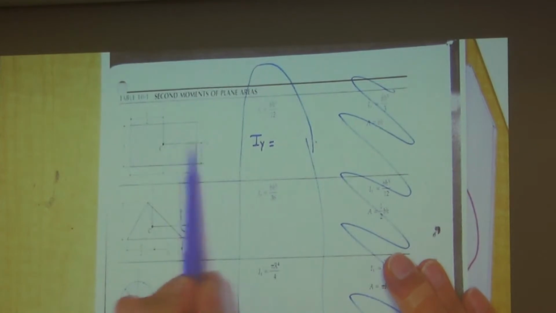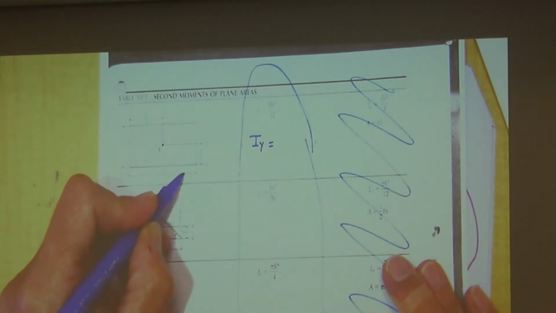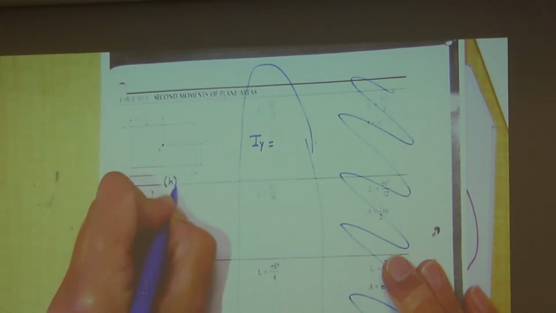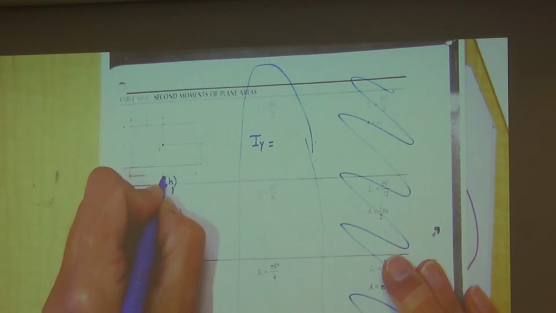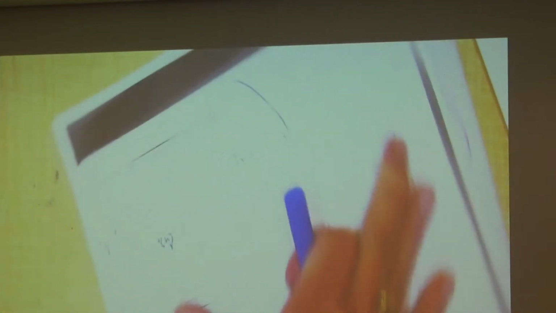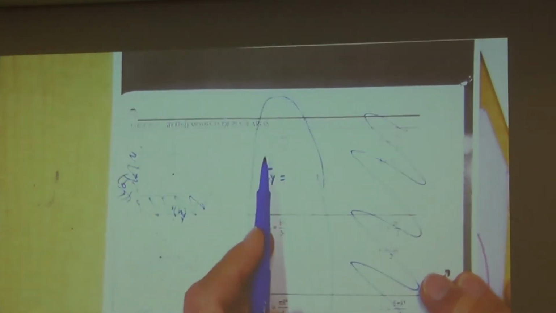So actually we should probably not put b and h here. Or we could say this is h when we do y, and b when we do x, and this is h when we do x, and b when we do y. Or just don't put b and h. This is the equation.